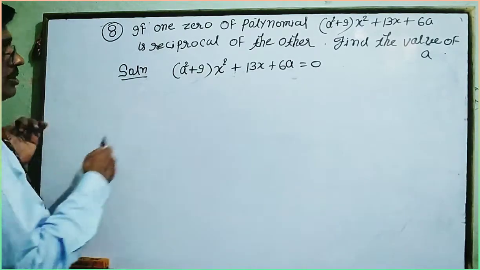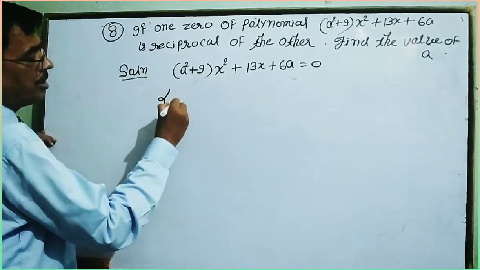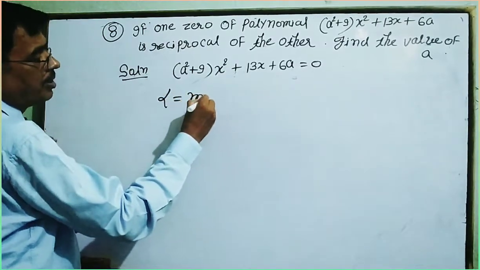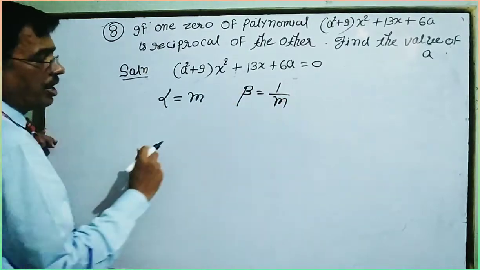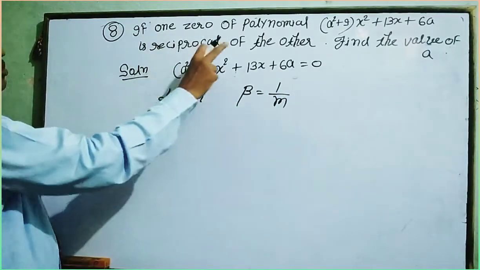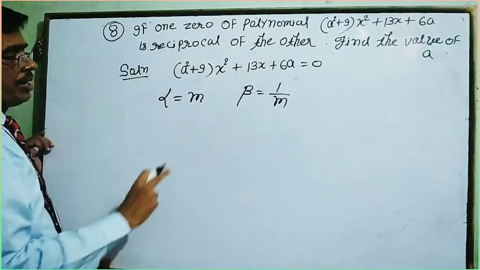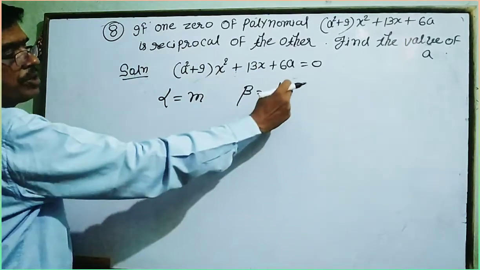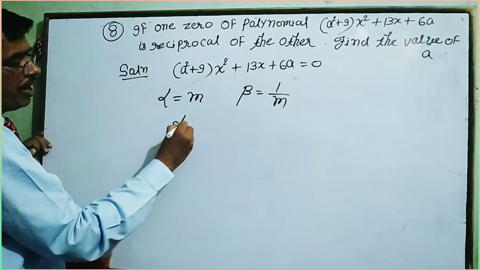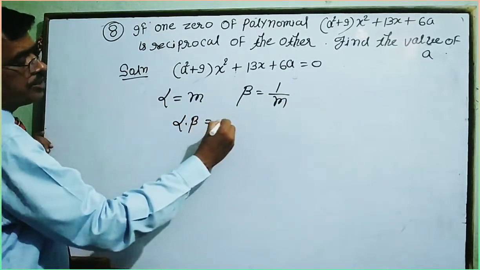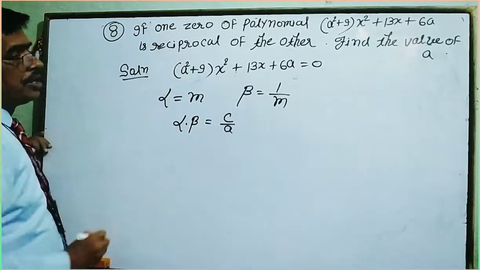So first we suppose one zero is alpha and that is m, and the other zero is beta, and that is 1 by m. Because it is given that one zero is the reciprocal of the other. One is m, then the other is the reciprocal of m, that is 1 by m. Now next I write alpha into beta is equal to c by a. So what is alpha?